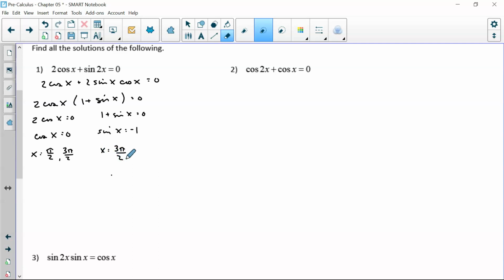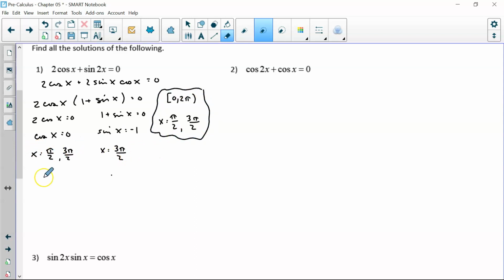So now, our solutions from 0 to 2 pi are pi over 2 and 3 pi over 2. We only need to write it once. It's being included there with the cosine and with the sine.